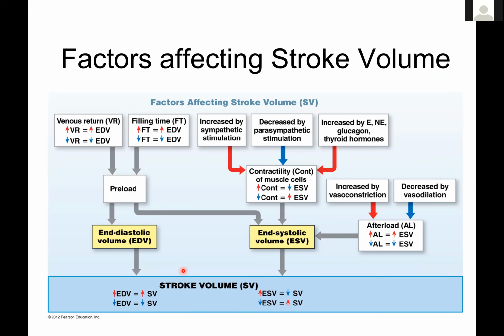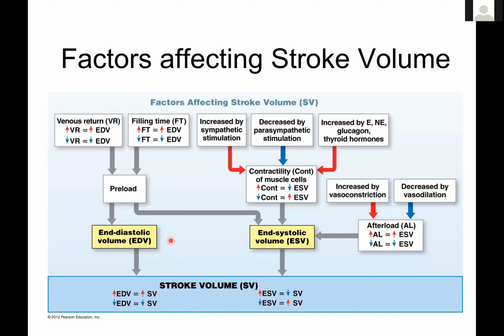So here's a nice summary slide that's basically just showing you, here's all the stuff that affects stroke volume. So the case study activity, at least part of it, because of course part of it's going to be other material as well, is going to include asking you to think about all of these inputs to this equation and then make predictions about how various volumes will change and how the work of the heart will change if you tweak those various conditions.